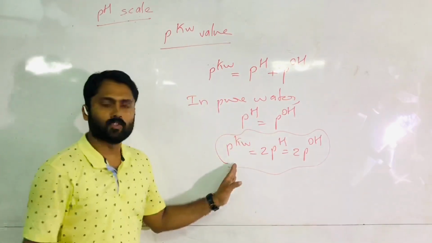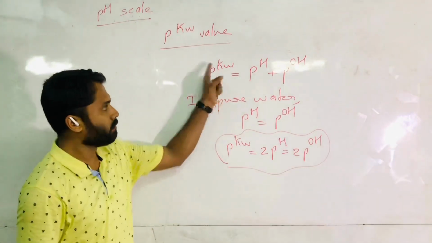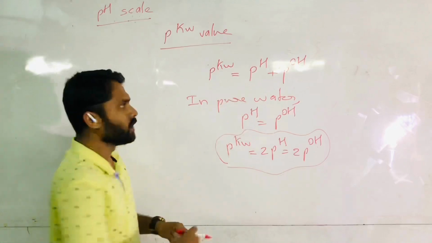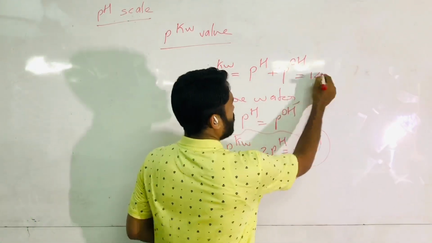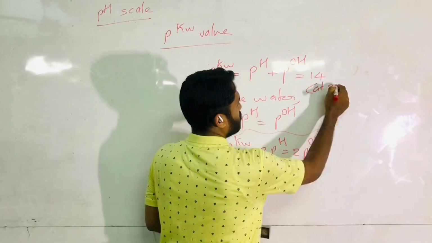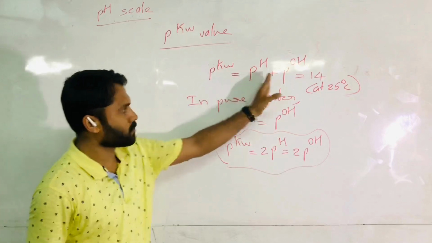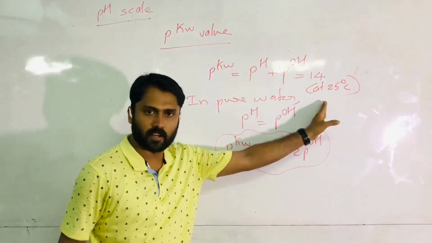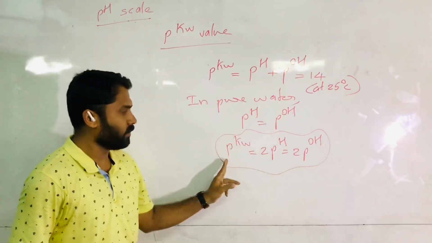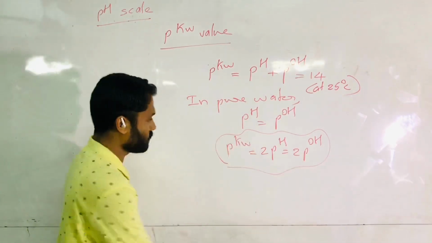These equations can be used only for pure water. Generally, what's the relation? pKw equals pH plus pOH. This is equal to 14 at 25 degrees. But in pure water, we can always use the term pKw equals 2 pH, that's equal to 2 pOH.